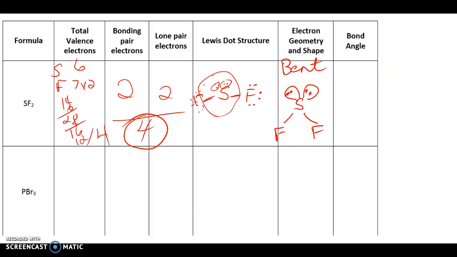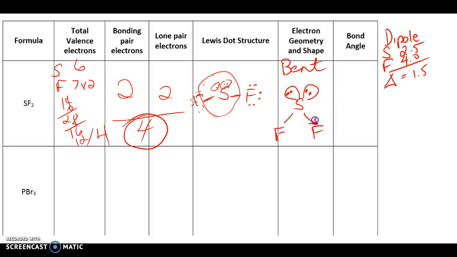Now let's talk about if this has a dipole. To consider dipoles, right, we need to see the electronegativity differences between these 2 atoms. Sulfur's electronegativity is about 2.5. Fluorine's is about 4.0. Well, that difference, gosh, is 1.5. So we definitely have polar covalent bonds here.